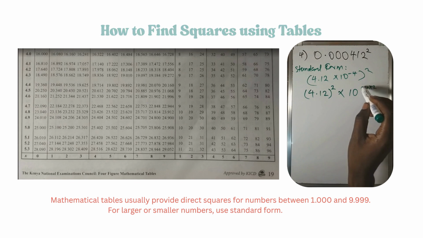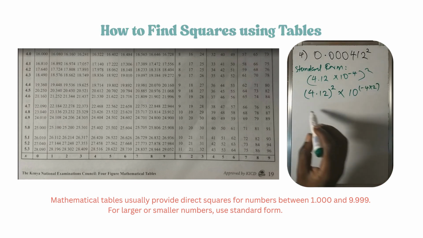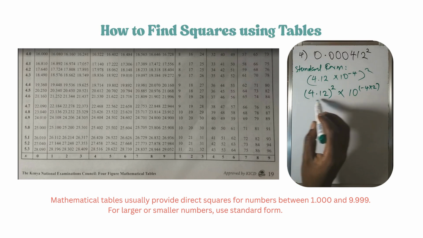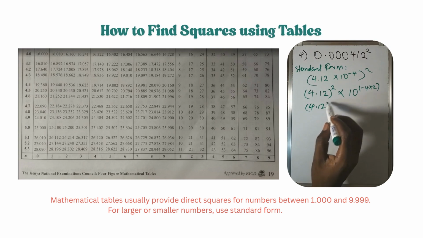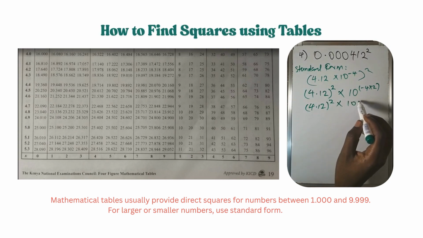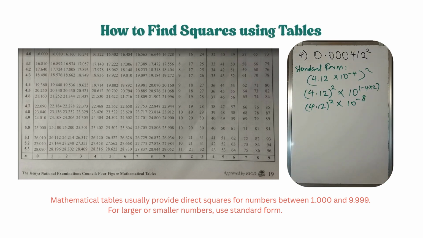So negative 4 times 2 will be negative 8. We'll have 4.12 squared times 10 raised to negative 8. Then let's go to our mathematical table of squares and look for the square of 4.12.